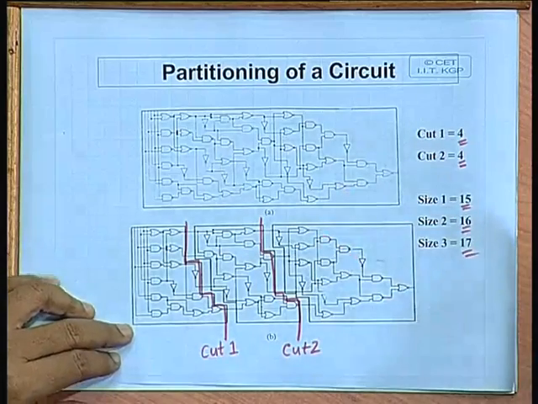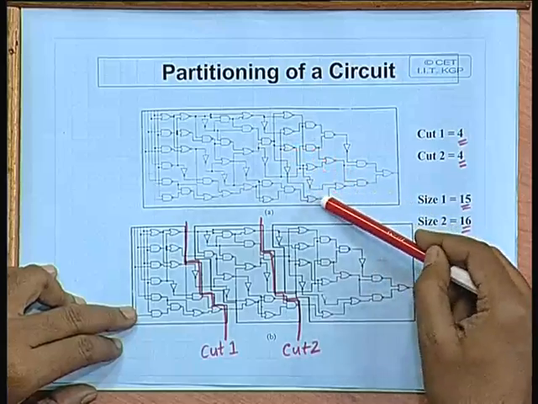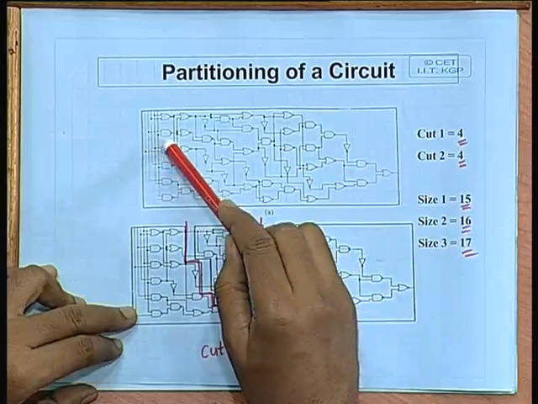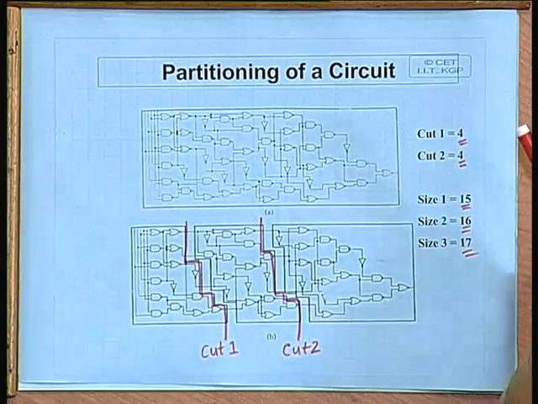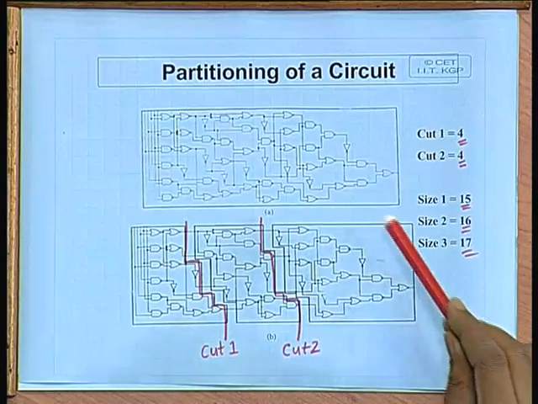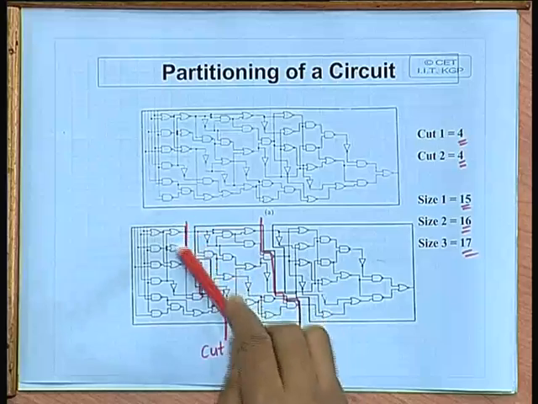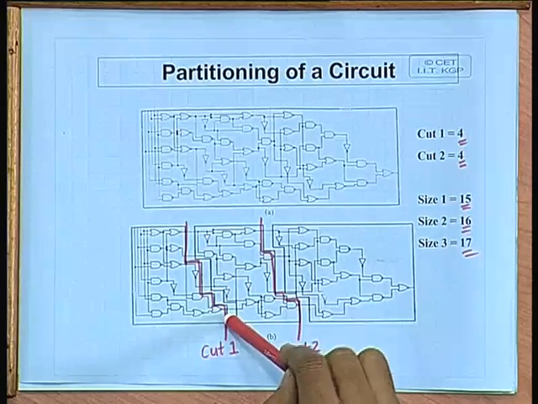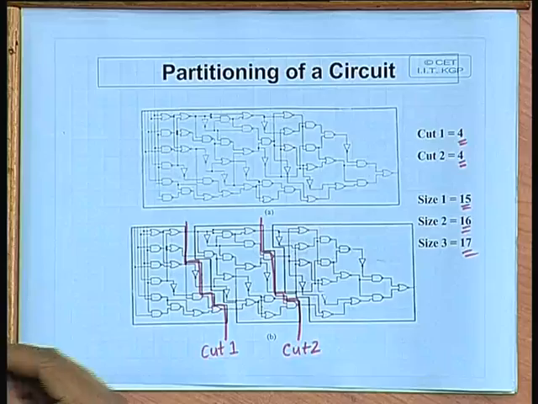As I told you earlier, partitioning may be carried out at any level, not necessarily at the level of gates. The basic building blocks may be higher level blocks as well, cells. Okay. Before we talk about ways of doing partitioning and ways of estimating the cost of a partition, say with respect to the size of the cut, there are a few other things you need to understand and consider.